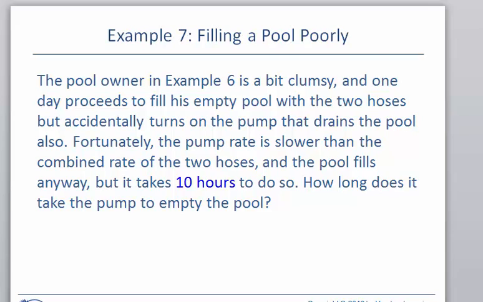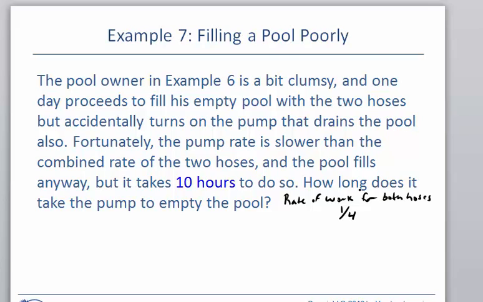So let's look at this. If we're putting both hoses in, we know from the last problem that the pool fills in 4 hours if we're using both hoses. So we know the rate of work for both hoses is going to be 1 over 4.